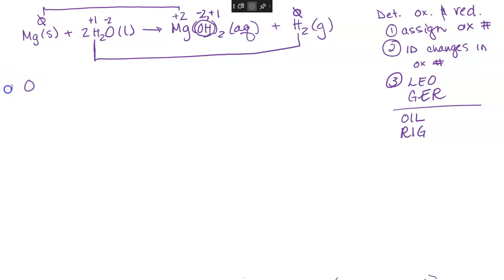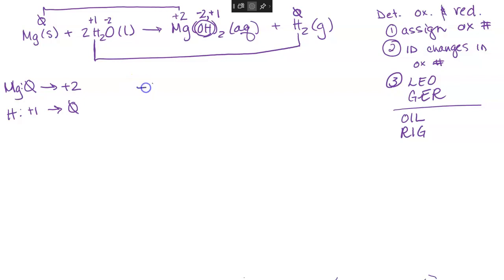Well, we have magnesium going from 0 to +2, and hydrogen going from +1 to 0. What charge does an electron have? Oh, so when you're like adding the +2 electrons.